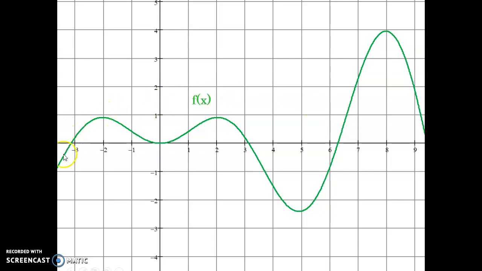The second derivative would be negative on the interval from negative infinity to about negative 1, where the curve f of x is concave down, and from about 1 to 3.5, and from about 6.5 to infinity, all places where the original curve is concave down.